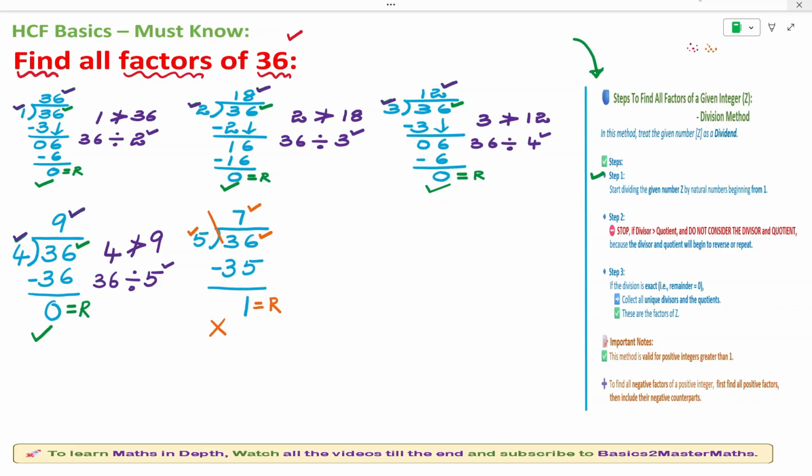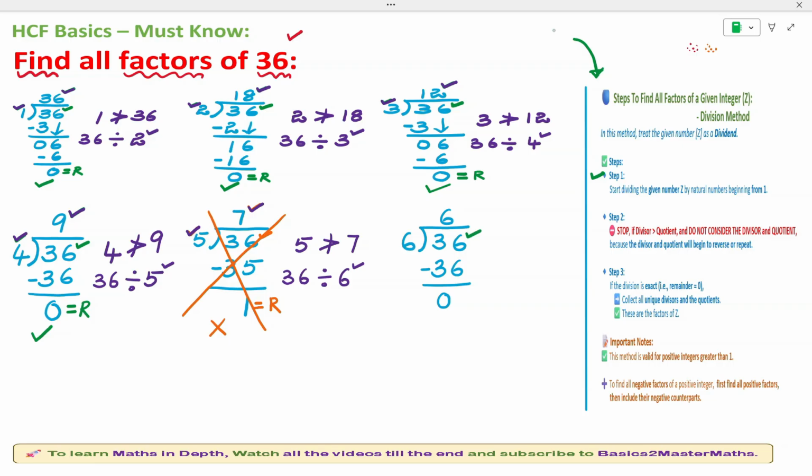Therefore, please do not consider this step. In this case, the divisor 5 is not greater than the quotient 7. So, divide 36 by the next natural number 6.